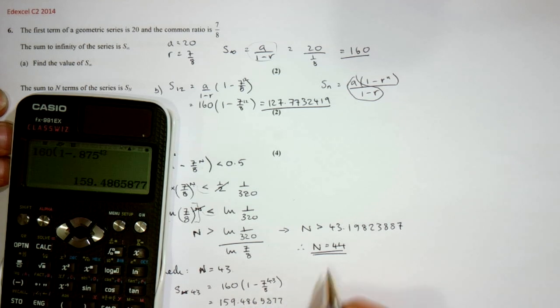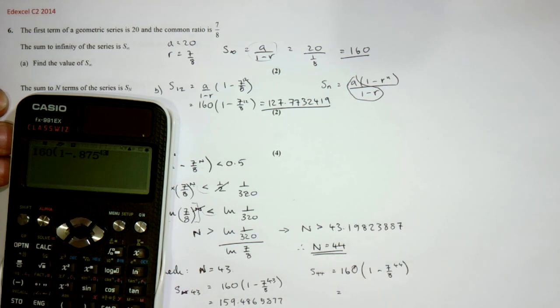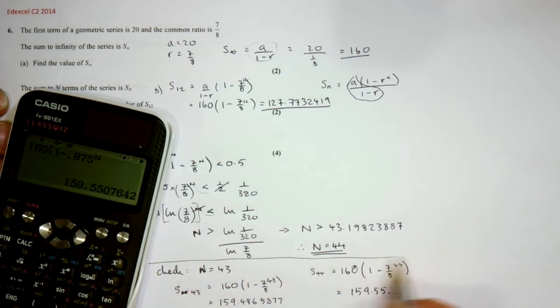So we're expecting S44 to be a little bit bigger than 159.5. Equals 160, 1 minus 7/8 to the power of 44, and we can go back and change that power to 44, and we get 159.55, and that's our check, and there's our answer.